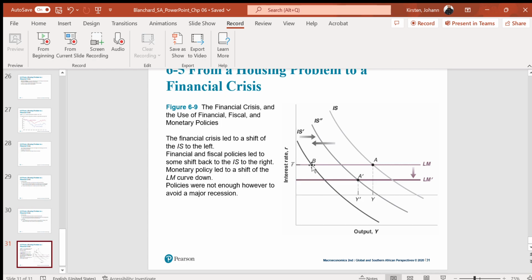The first thing implemented was to reduce our interest rates, as you can see here, but because of the lower bound issue, we couldn't reduce it further than this point, so then fiscal policy had to step in to promote spending, and that moved the IS curve to the right-hand side. But still, we weren't back at our exact equilibrium position.